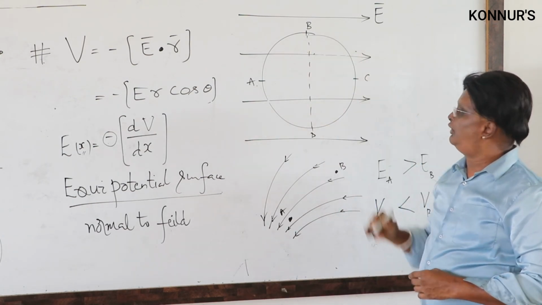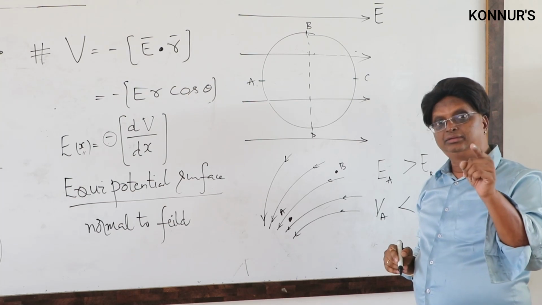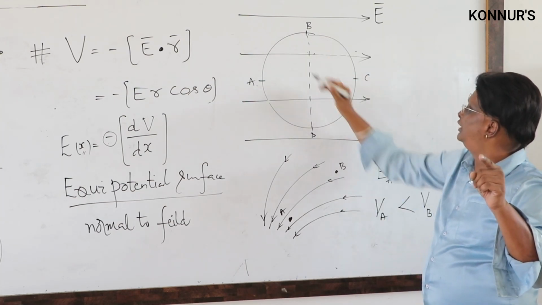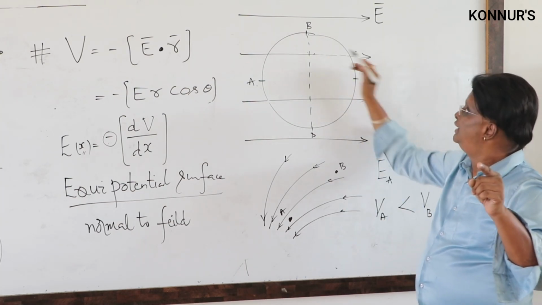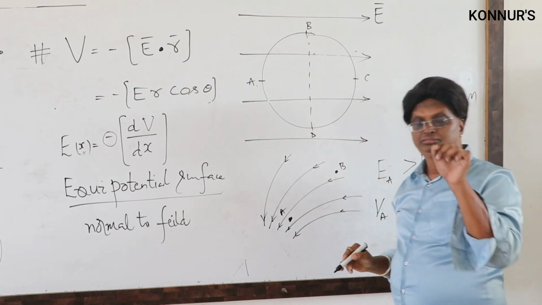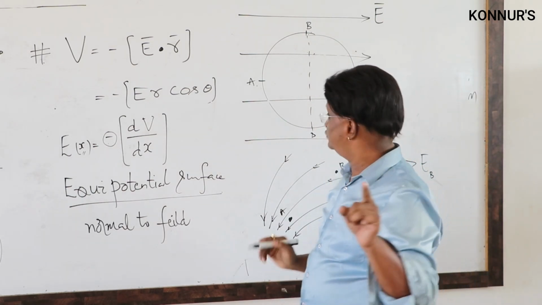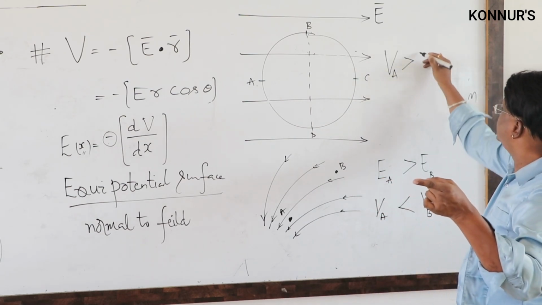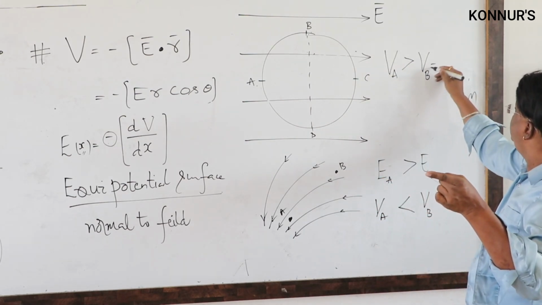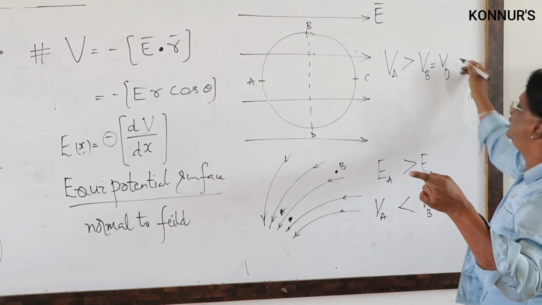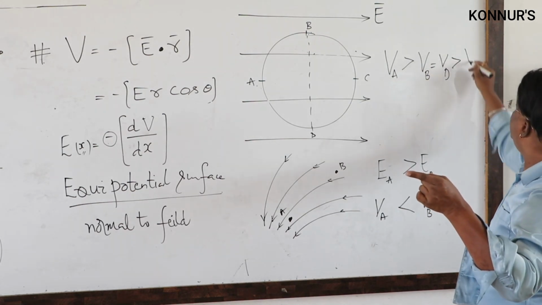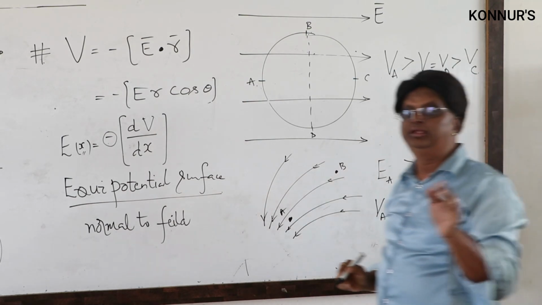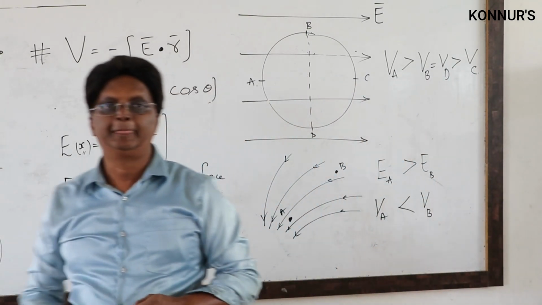But these B and D points lie on the same normal drawn to this field line, so B and D are at same potential. Of course, now what will be the relation? I will write VA maximum greater than VB equal to VD, and it is greater than VC, which is a correct inequality that we write.